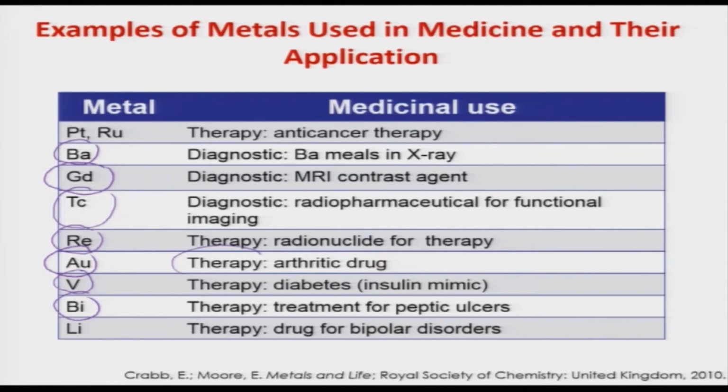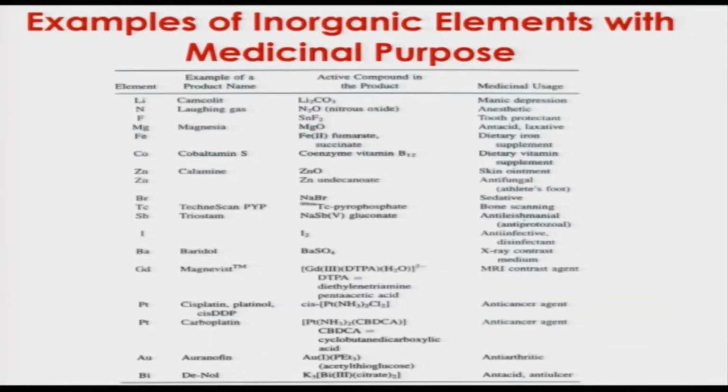So, these are some of the metal ions that are popularly used in medicines, and here I have shown examples of inorganic elements with medicinal purpose. A large number of elements are being used on a day-to-day basis in our life, and we use many of these products.